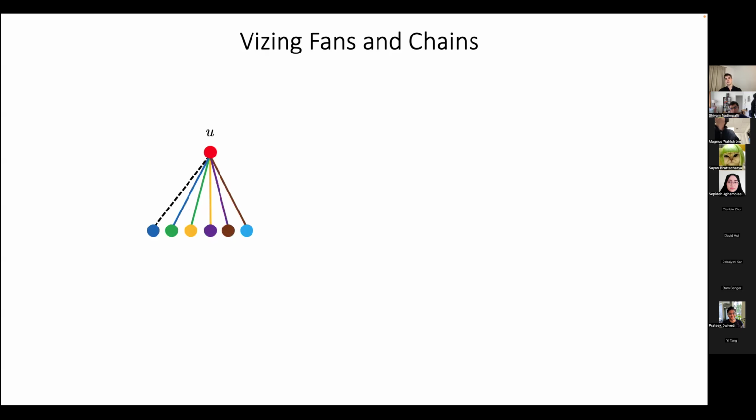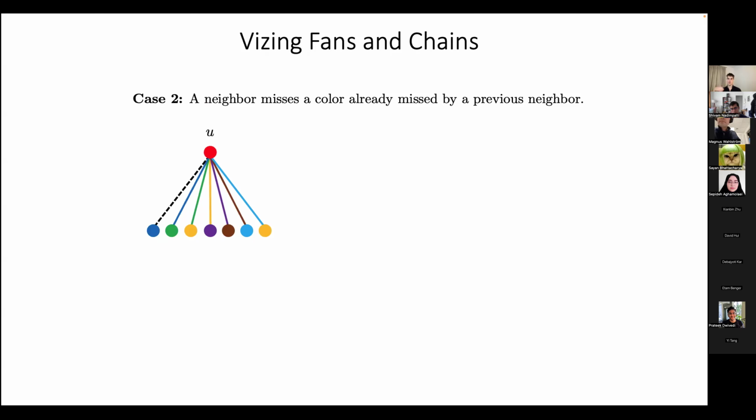The second case is where we encounter some edge where the missing color at the endpoint is a color that we've already seen before. So here yellow is this color. We've seen yellow twice within this fan. We can't just add the same edge into the fan again because this doesn't really achieve anything.